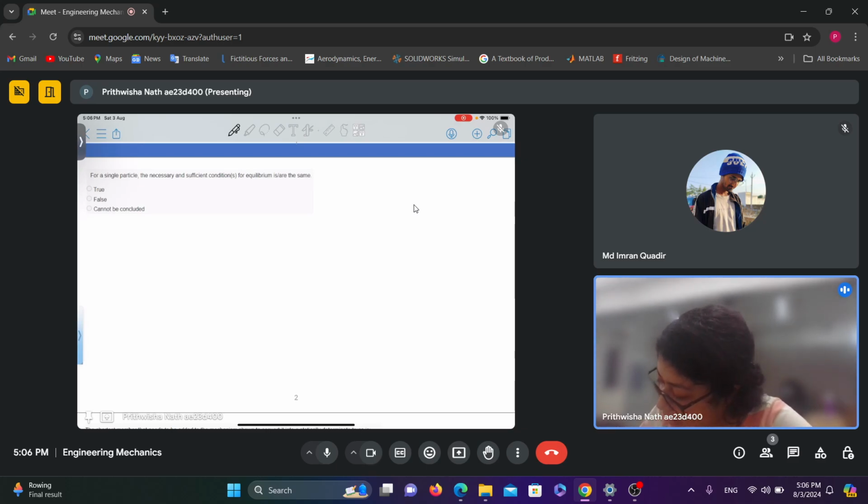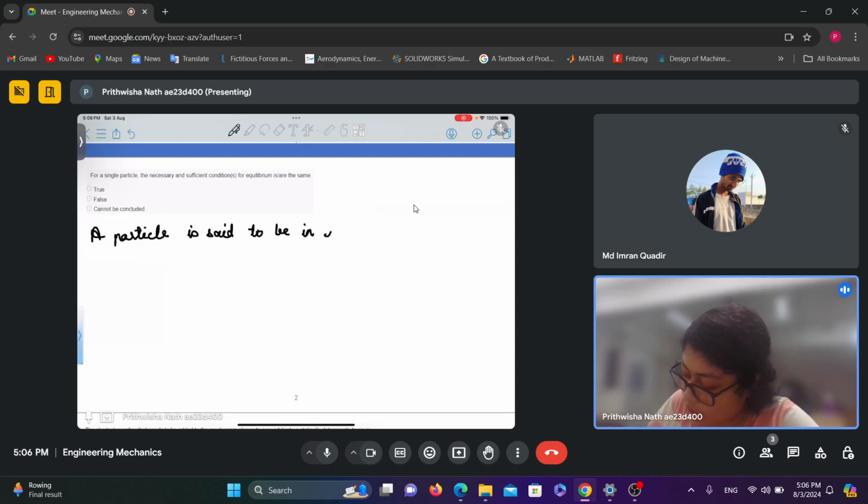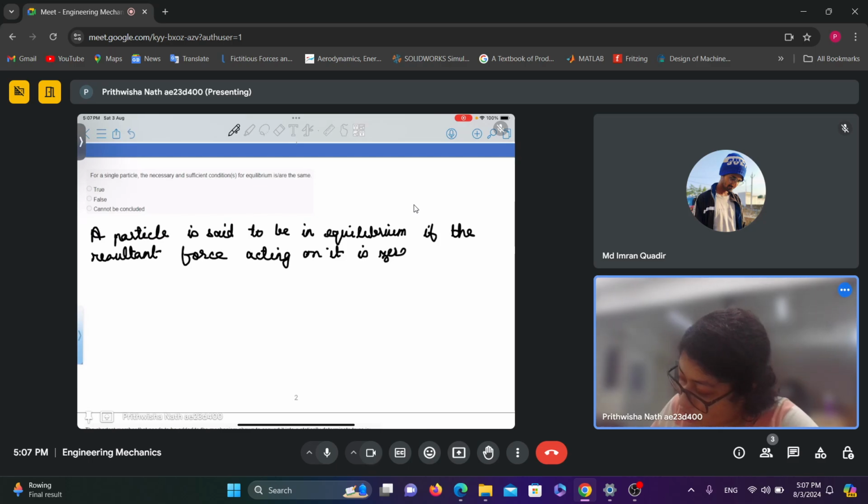So we know that a particle is said to be in equilibrium if the resultant force acting on it is 0.